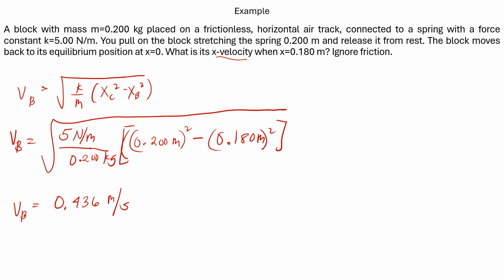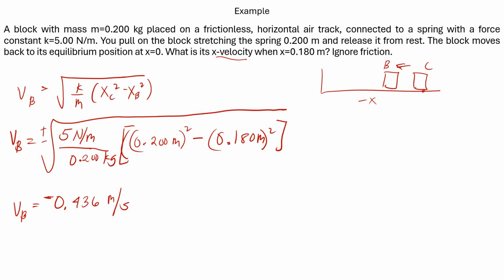Take note also that the square root has a positive or negative root. So what shall we choose here? Is it positive or negative? We're going to choose the negative, because from our system earlier, this is the block at point C, and it moves in that direction. So it actually goes in the negative x direction relative to this point C right here.